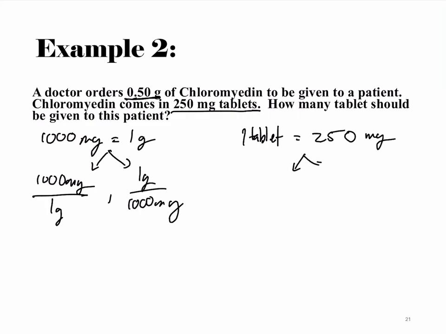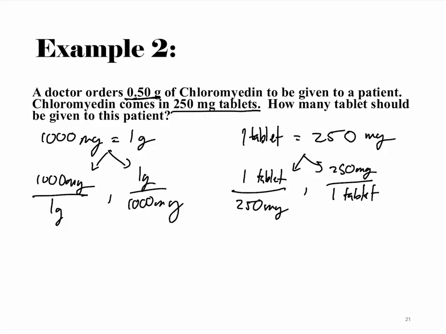And so our 2 conversion factors should be what? 1 tablet per 250 milligrams and 250 milligrams per 1 tablet. All right, so we have our 4 conversion factors that we need for this problem now.